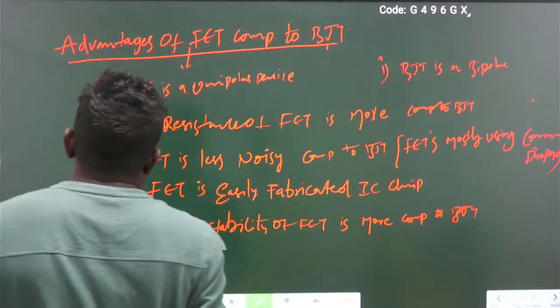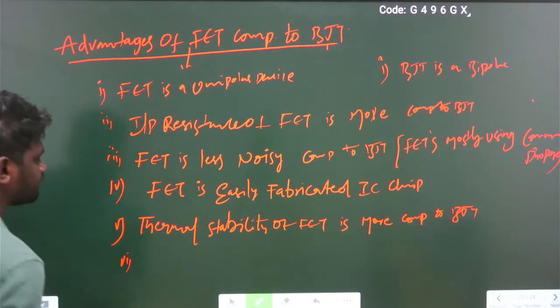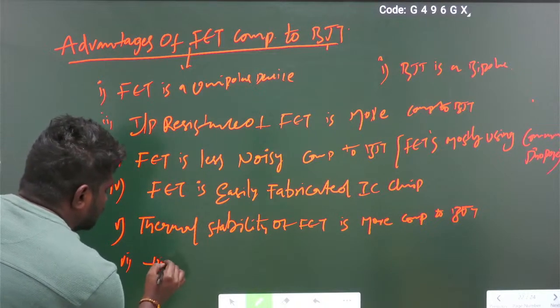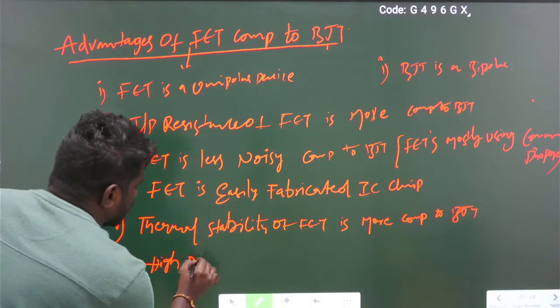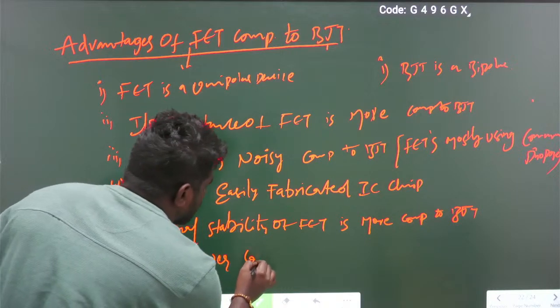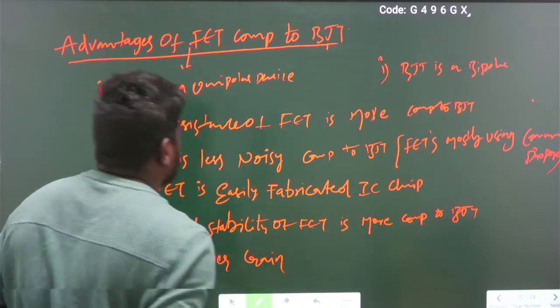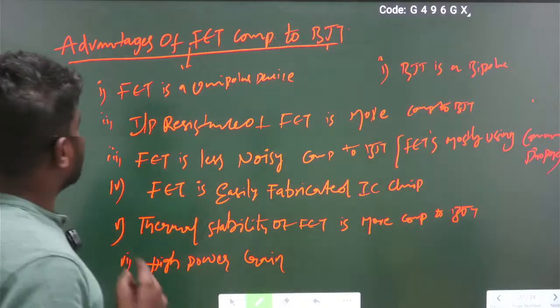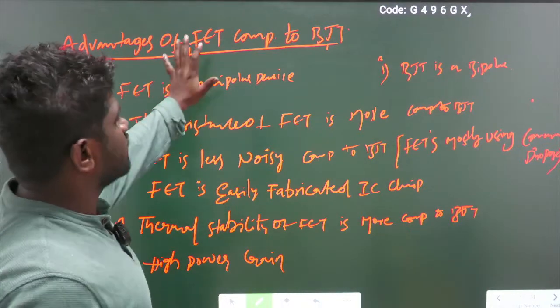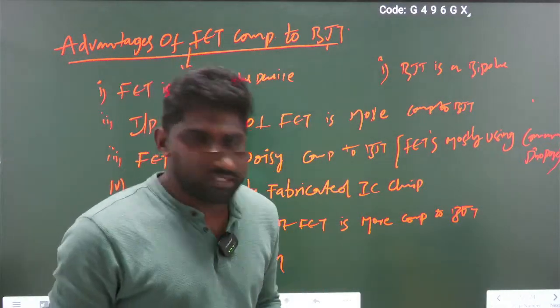So sixth point is high power gain. FET has high power gain, okay? So these are the advantages of FET when compared to the BJT.